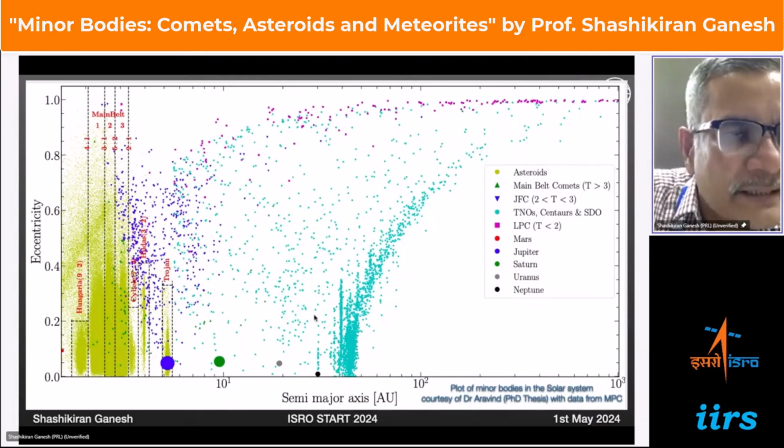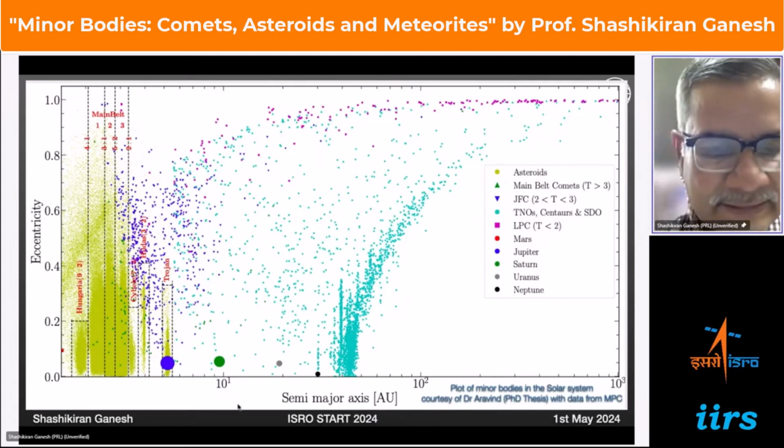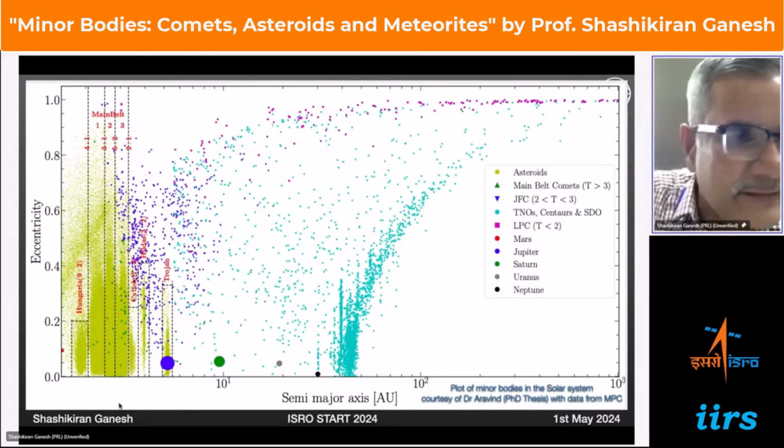Okay, and so here you see in log scale on the x-axis, you have the semi-major axis, and that is the distance from the Sun, and on the y-axis you have the eccentricity.